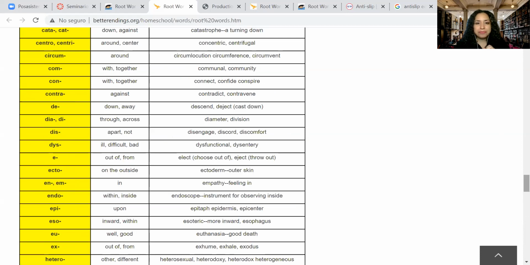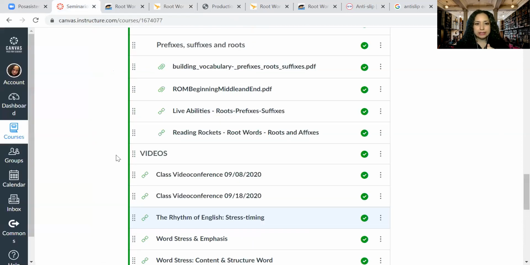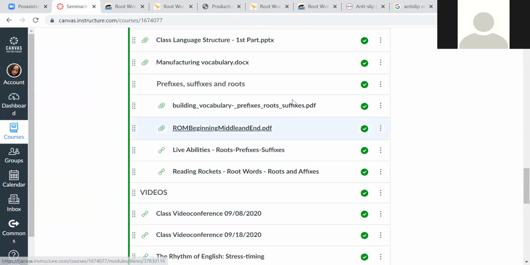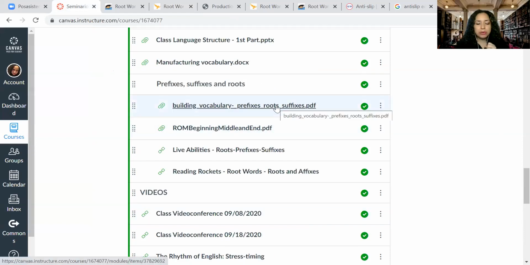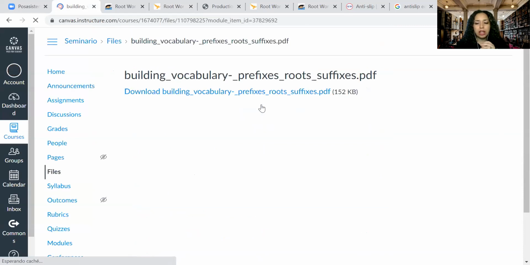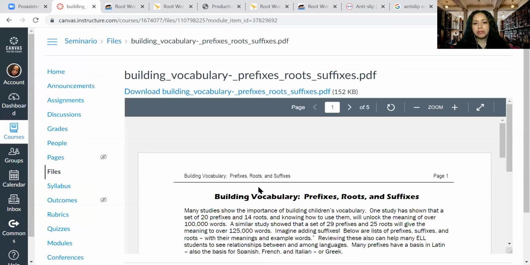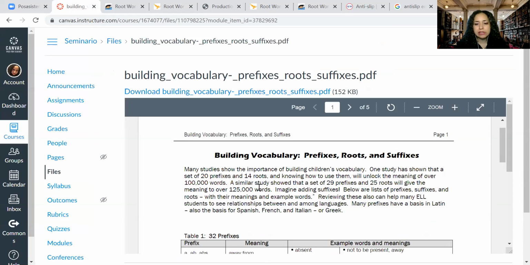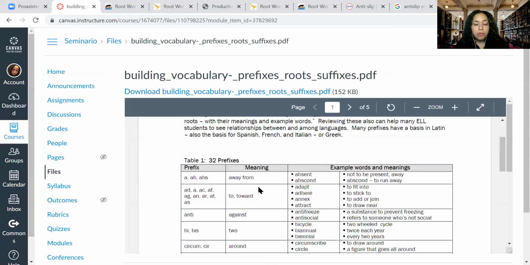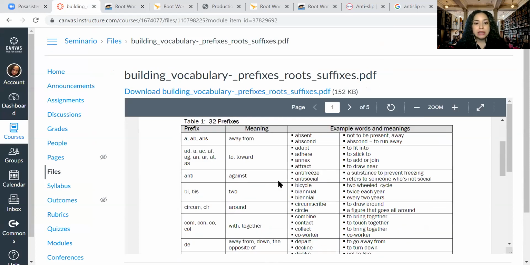Very nice and interesting class. I also uploaded these two PDF files on your platform. When you open them, it's more information about building vocabulary, prefixes, roots, and suffixes. It's giving you more examples here.